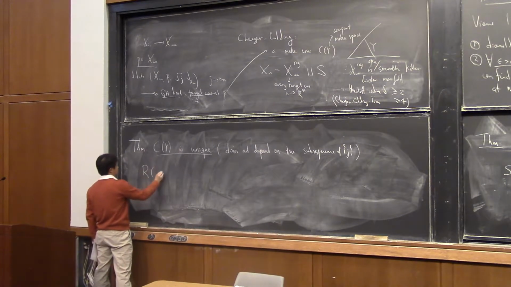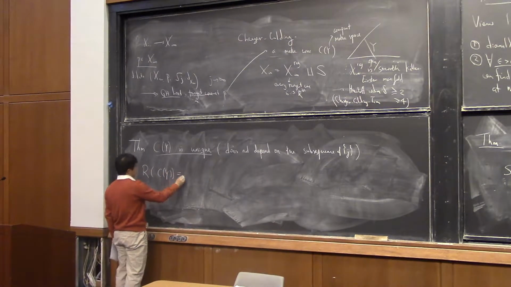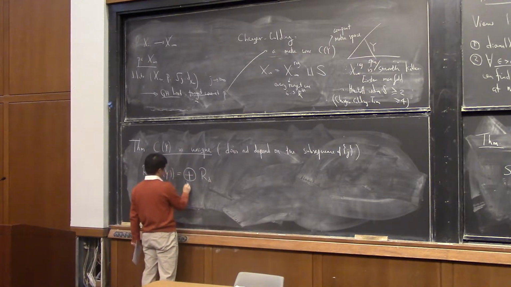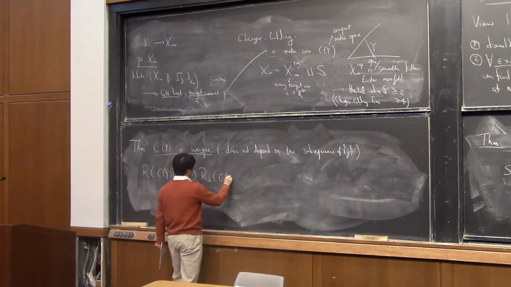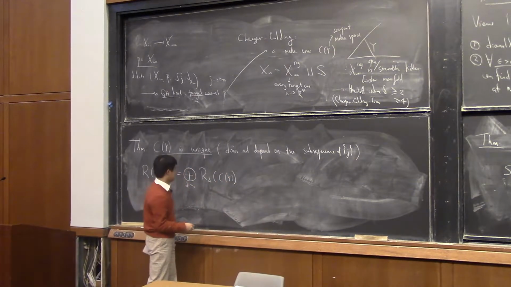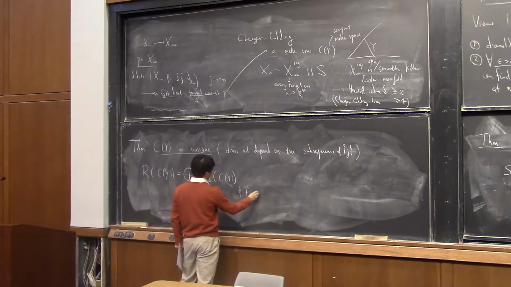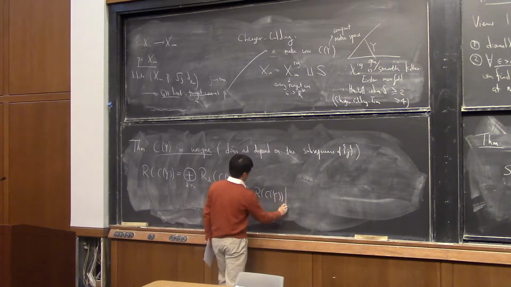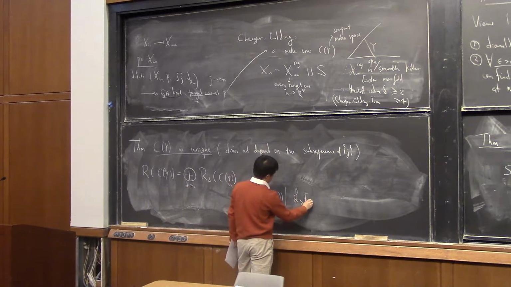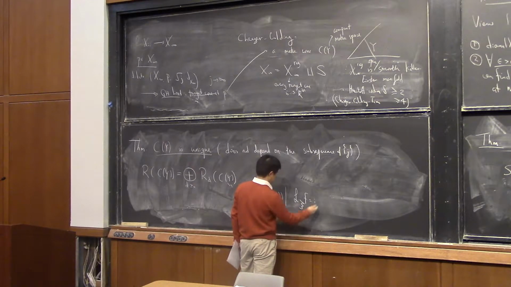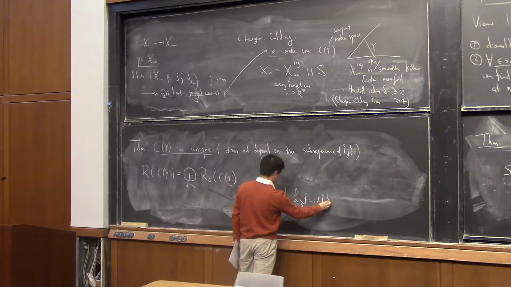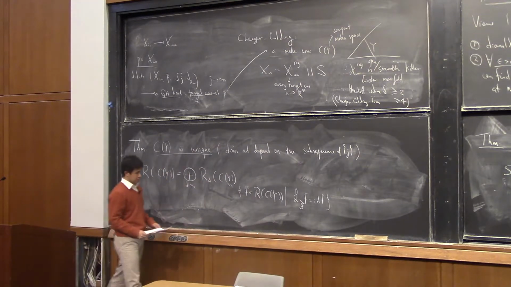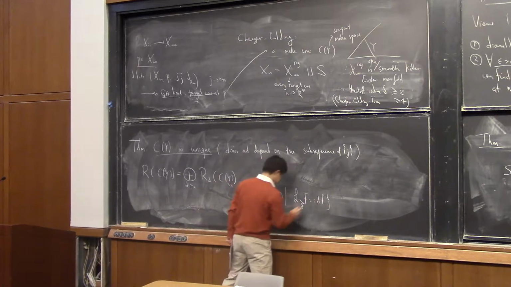If we decompose R(C_Y) into R_d(C_Y), this is the space of functions f in R(C_Y) such that the weight of the T^k action is d. So d is not necessarily an integer.